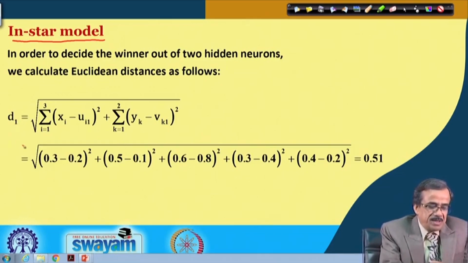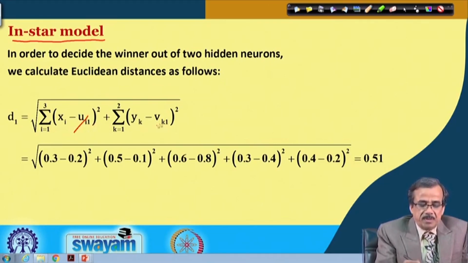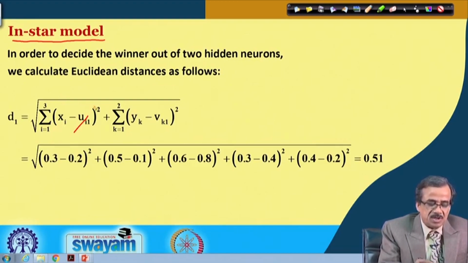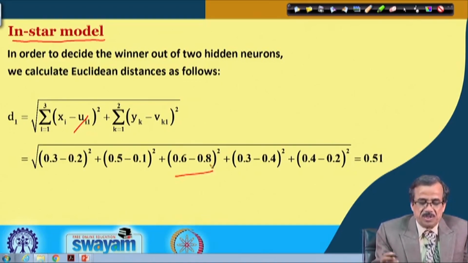Now, d1 is the square root of summation i equals 1 to 3 (xi minus ui1) squared plus summation k equals 1 to 2 (yk minus vk1) squared. Here i varies from 1 to 3, so I put (x1 minus u11) squared plus (x2 minus u21) squared plus (x3 minus u31) squared.